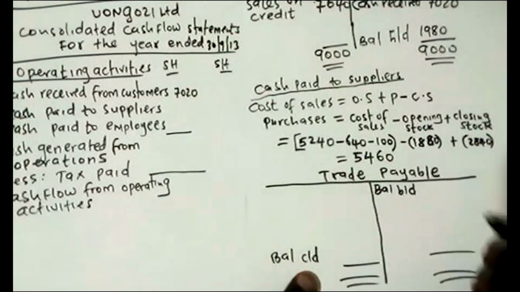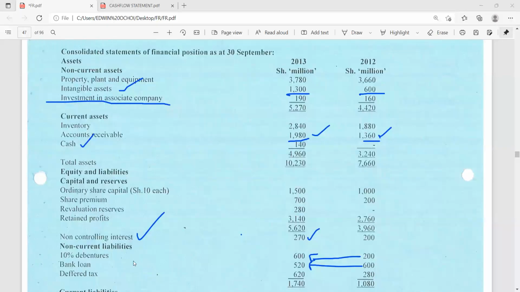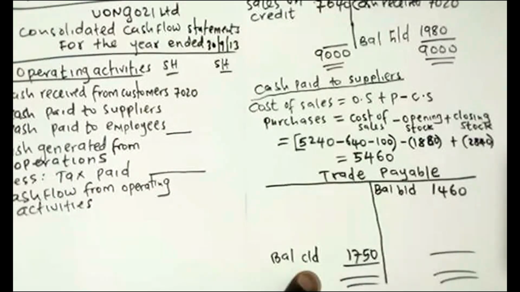So we start from the balance brought down, balance carried down beside. The balance brought down for payables, you go to your current liabilities: 2012, 1460, then for 2013, 1760.